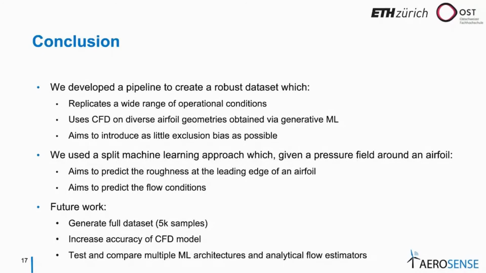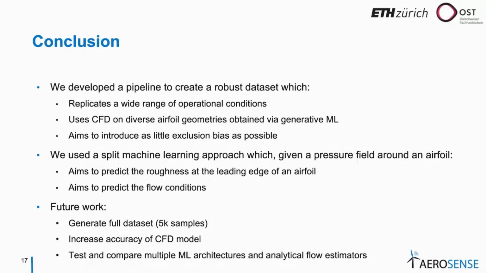So to conclude, we developed a pipeline to create a robust data set which replicates a wide range of operational conditions, which we then use with CFD on diverse airfoil geometries via this generative machine learning framework. And with this data pipeline, we're aiming to introduce as little exclusion bias as possible.